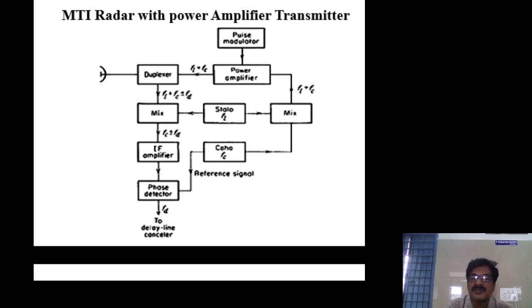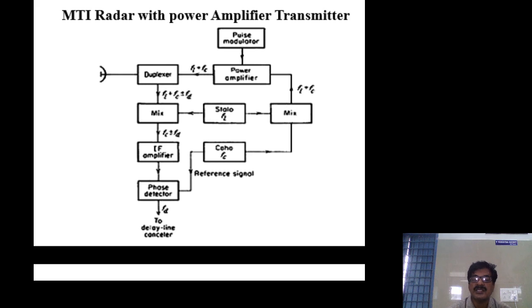Compared to previous block diagrams, the difference here is the generation of the reference signal. Here the reference signal is generated by an oscillator named coherent oscillator with the frequency Fc, and another oscillator, a stable local oscillator, with the frequency Fl.